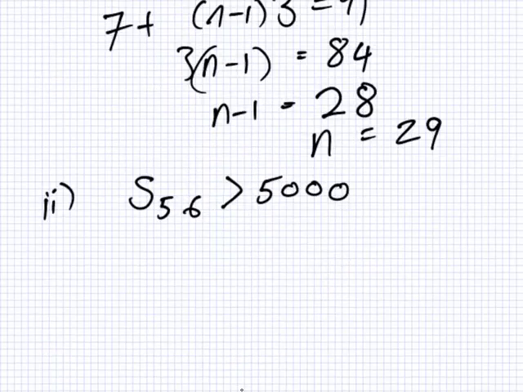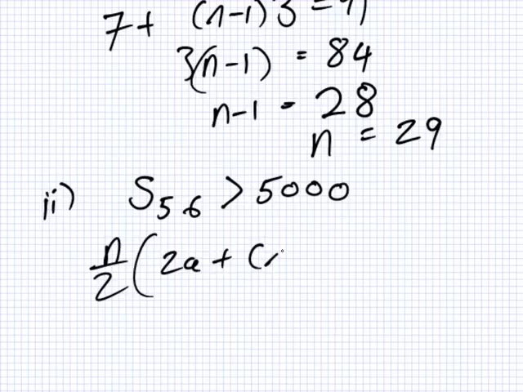Right. So, that is n over 2, 2a plus n minus 1 d. You want to show that it's bigger than 5,000.